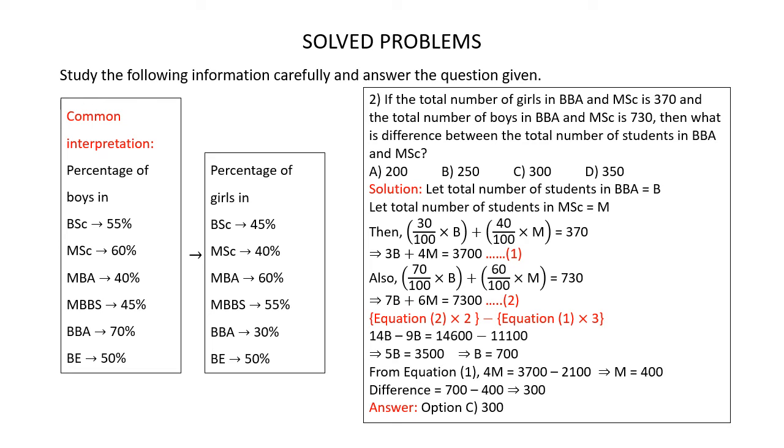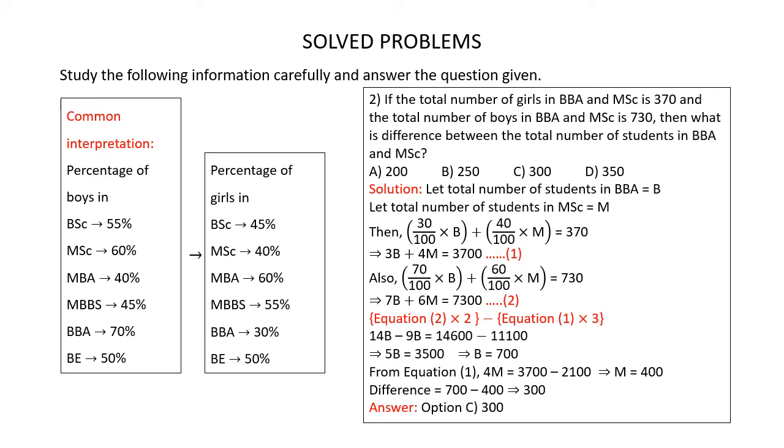Now the LCM of 4 and 6 is 12. So supposing we multiply equation 1 with 3 and equation 2 with 2, we get 12M here and 12M here, and if we subtract, we can cancel out the M's.